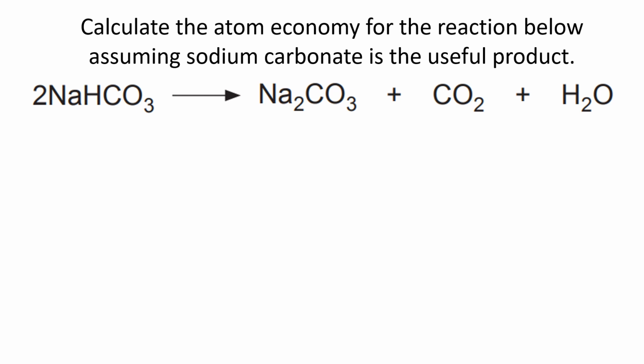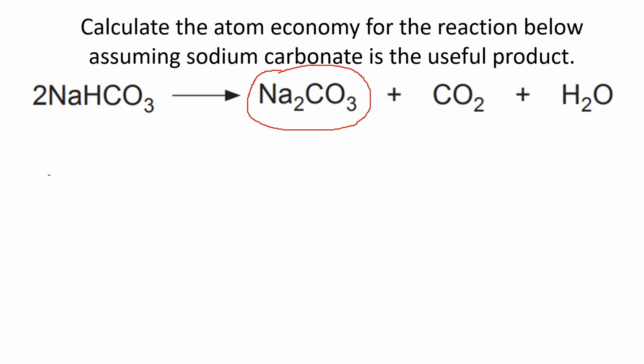Here you've got the reaction of sodium hydrogen carbonate producing sodium carbonate and carbon dioxide and water. So the useful product is this one, the Na2CO3. So you work out the molecular mass of the compound Na2CO3.